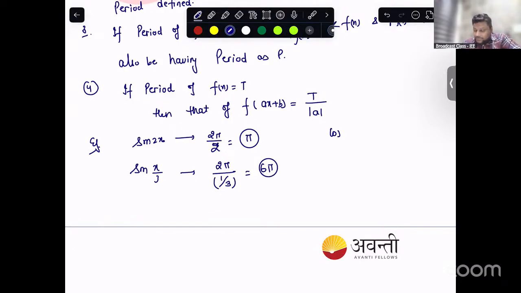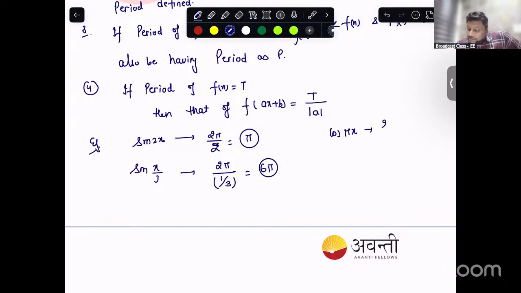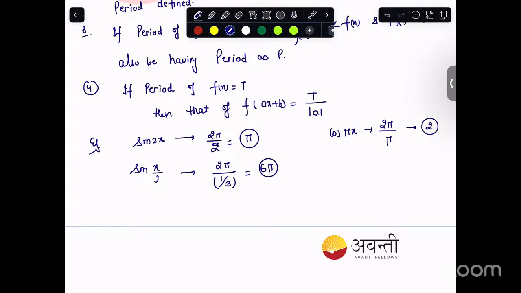Cos pi x. Tell me what will be the period? What is the period of cos x? 2 pi. Then you divide it by pi, so the period will be 2. Understood? Yes, sir. Tan 3x.